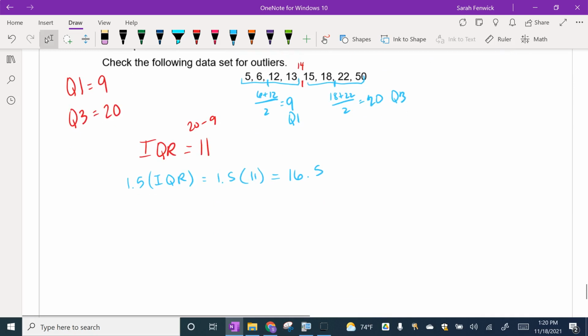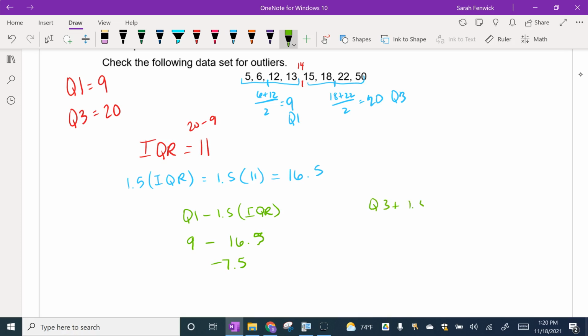So to find the range in which all of my values should lie, I would do Q1 minus 1.5 IQR. So Q1 is 9 minus 16.5 is negative 7.5. Then we do Q3 plus 1.5 IQR. So that would be 20 plus 16.5, which is 36.5.